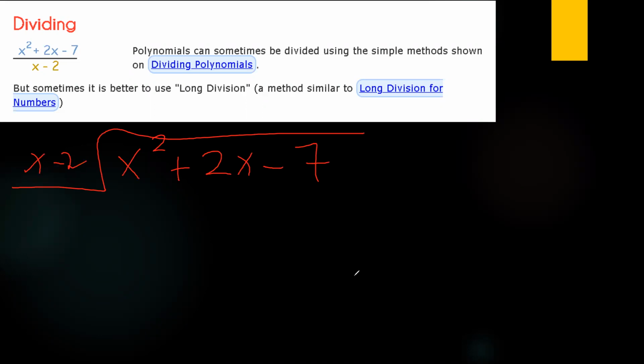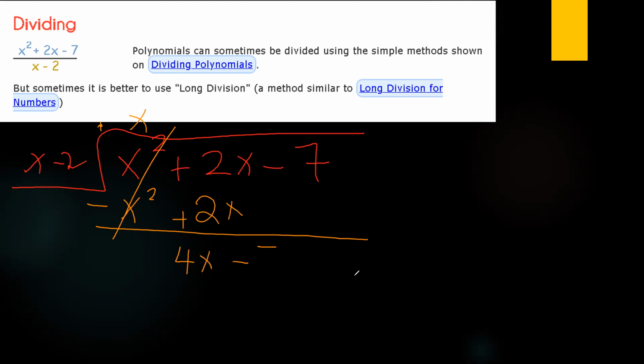Divide x squared by x. So you will get x. Then multiply x by the whole divisor. So I will get x squared minus 2x. Then subtract. When you subtract, you have to change the sign of each term. So you have 4x minus 7. Then divide 4x only by x, which is 4.